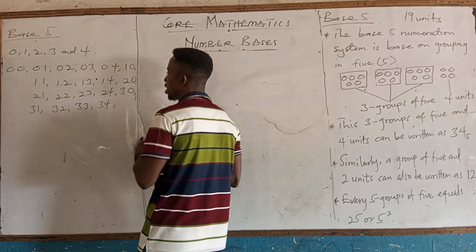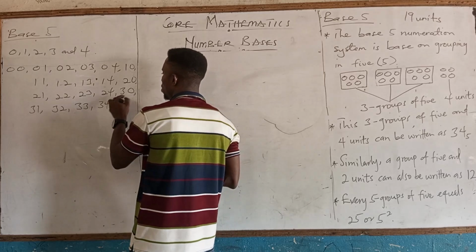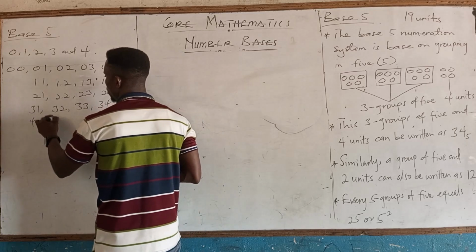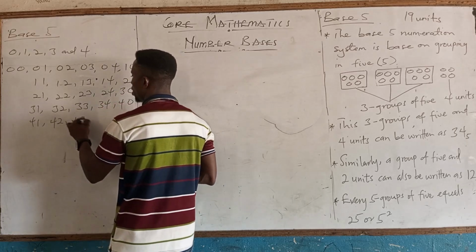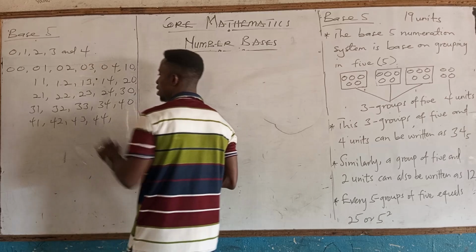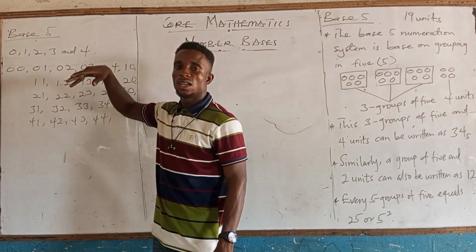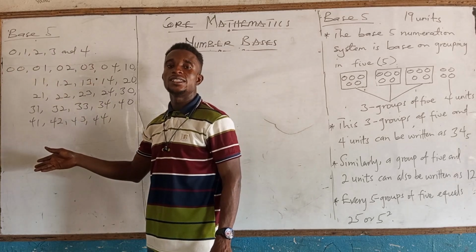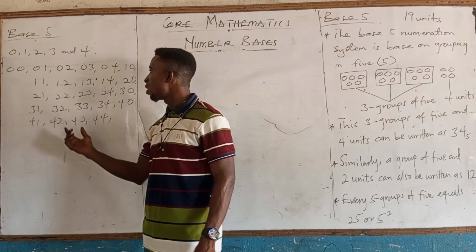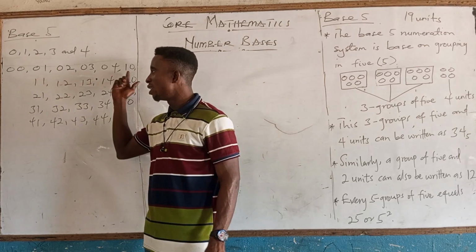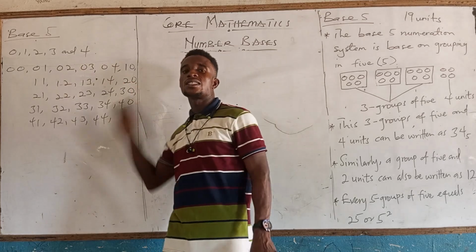I'm done with that one too. Then I pick 4: 4, 0, 4, 1, 4, 2, 4, 3, 4, 4. From that, I've taken all the digits, giving them to all the remaining digits. Are we getting that? We are done. So this one has numerals with 2 digits, and we can proceed to 3 digits and other things.